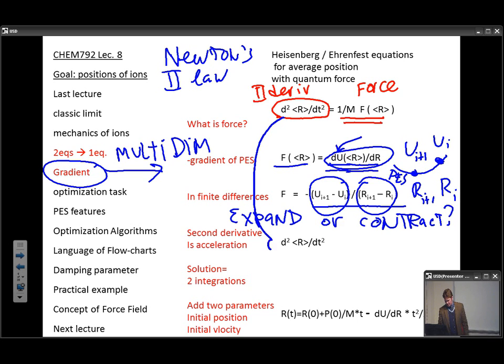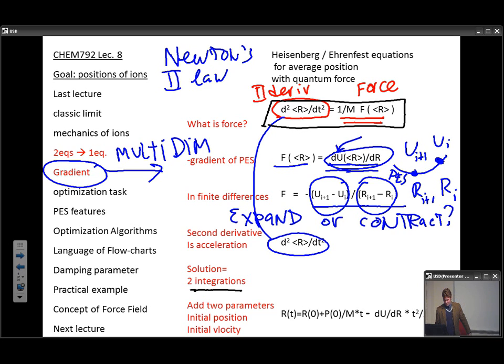Well, this term is referred to as acceleration, and if we are going to solve our Newton's second law, we are going to integrate it, right? So it is a second order differential equation. It is not too challenging. We just integrate it 2 times, right?